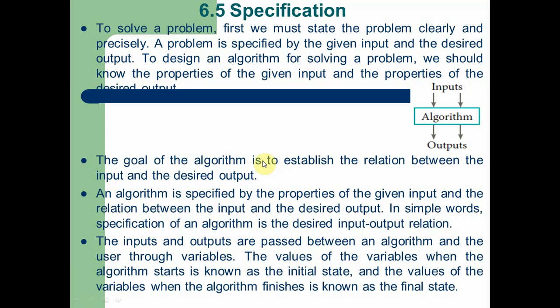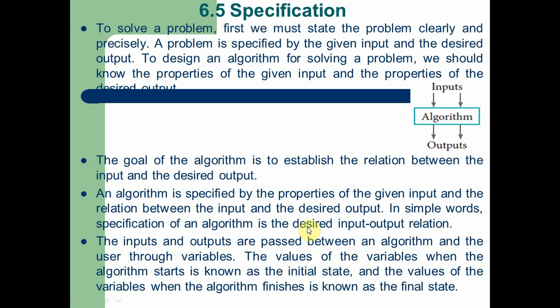In the example, the goal of the algorithm is to establish the relationship between the input and the desired output. Second, an algorithm is specified by the properties of the given input and the relationship between the input and the desired output. In simple words, the specification of any algorithm is the desired input-output relationship.